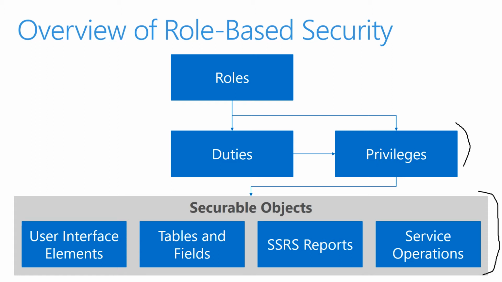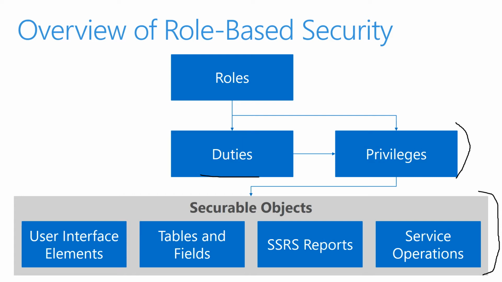Privileges are composed of permissions and represent access to tasks such as creating a new worker or enrolling a worker in benefits, for example. Duties are composed of privileges and represent part of a business process, such as maintaining bank transactions or maintaining compensation information.